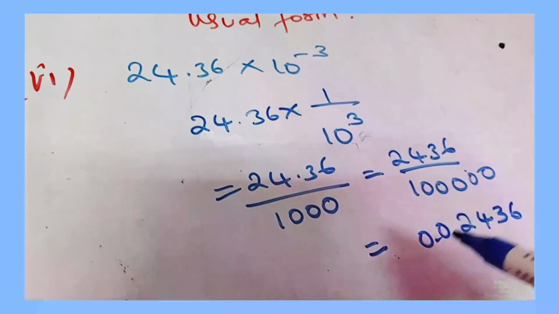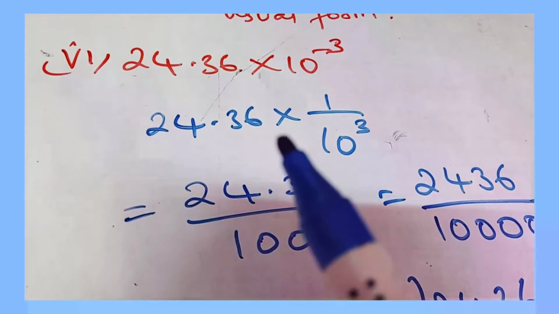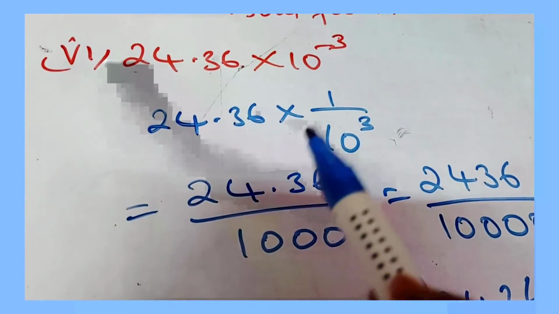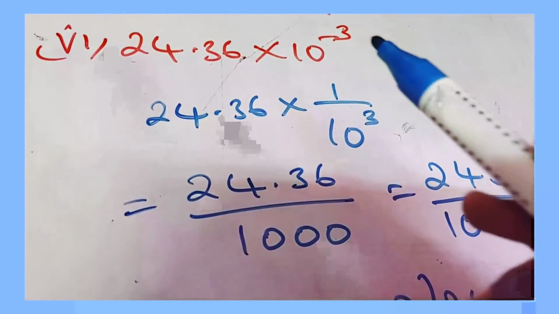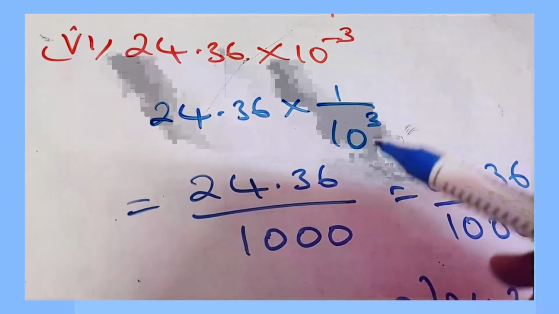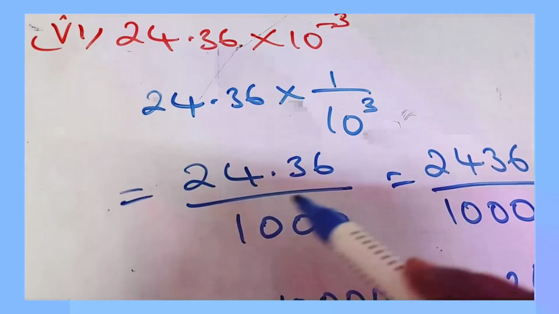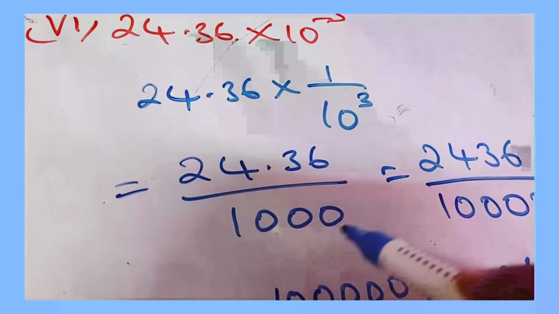So I will show you with the division also this sum. Now sixth one is 24.36 into 10 to the power of minus 3. It is 24.36 into 1 by 10 to the power of 3 you have to take. We have to take a to the power of minus m is equals to 1 by a to the power of m. This identity you have to take here. 24.36 by, again you have to take this 3 zeros, it will become 1000.